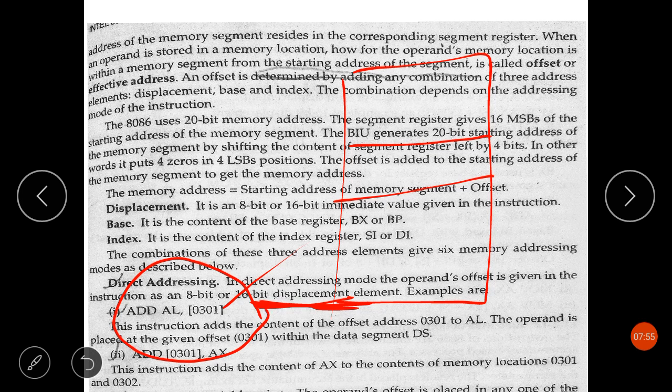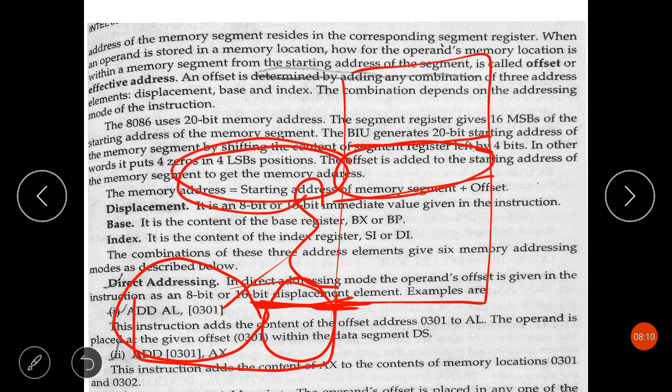To make the 20-bit address, we add 4 zeros to the right of this, and there we add the offset, so we get the exact address of the operand in the data segment. I've already explained this part in my previous lectures.